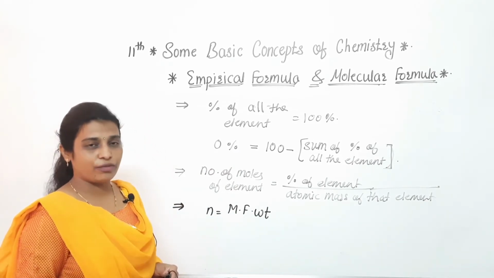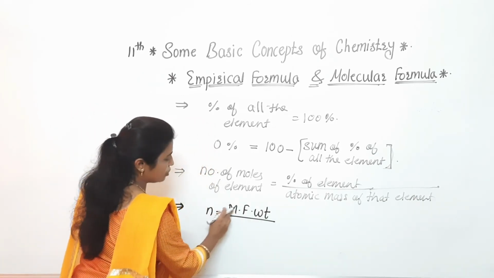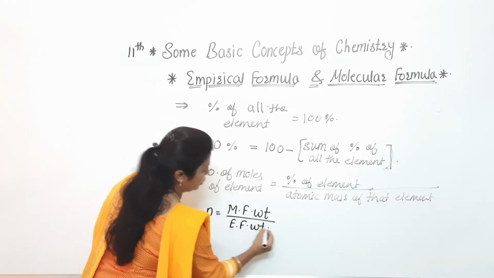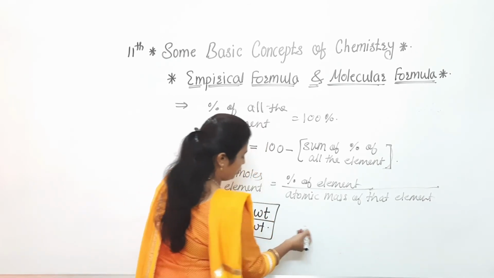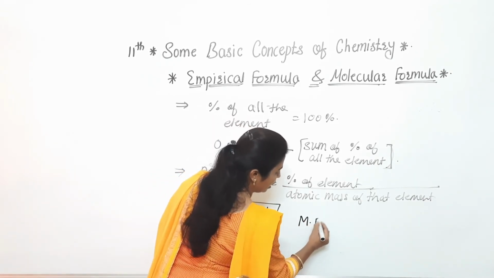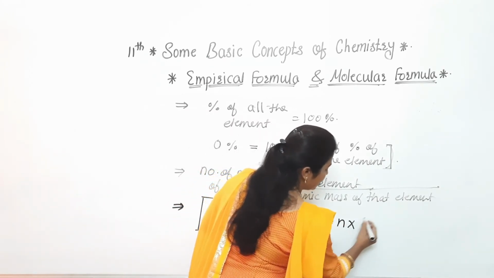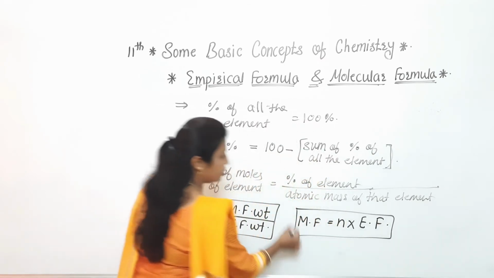Sometimes they provide us vapor density, and at that time we have to calculate it. So N is equal to molecular formula weight divided by empirical formula weight. In this way we get N, which is useful to find out the molecular formula. So molecular formula is equal to N into empirical formula. This is the next important formula.